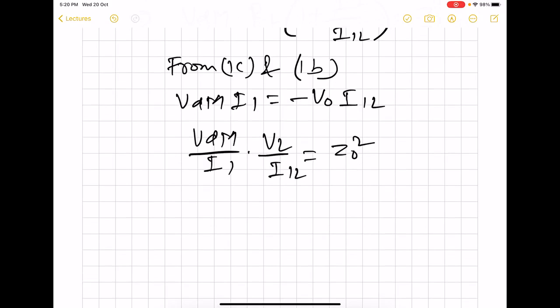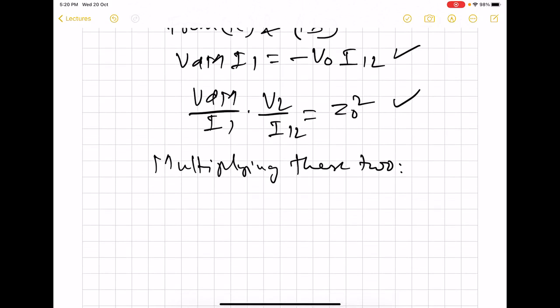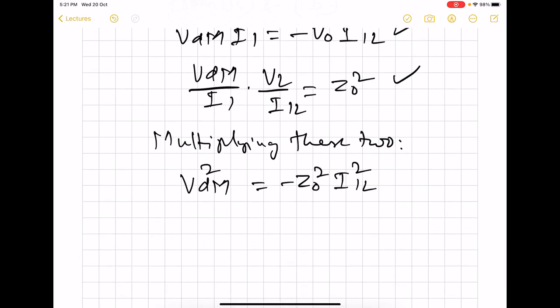So we can multiply these two equations. That will give rise to VDM square is equal to minus Z naught square I1L square. So this is VDM is equal to plus minus j Z naught I1L.